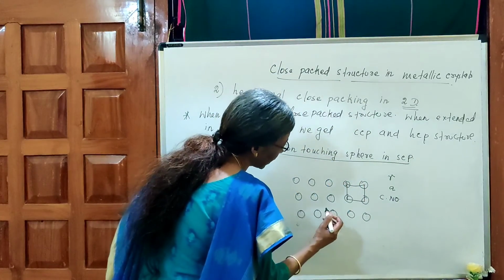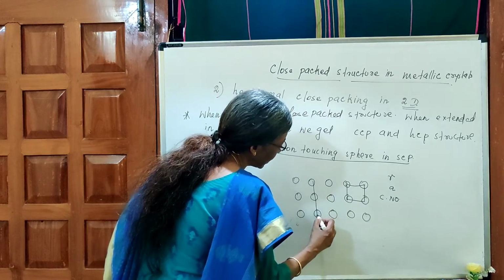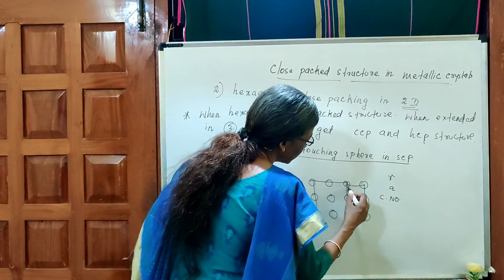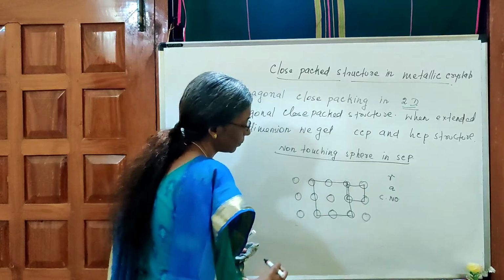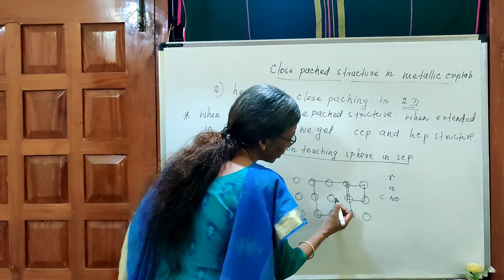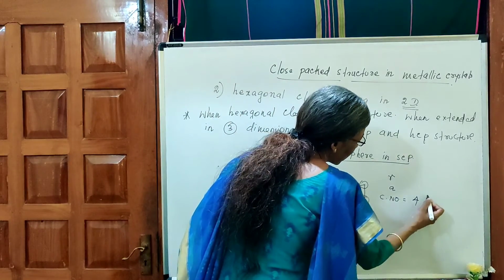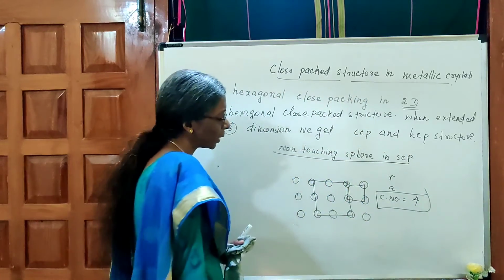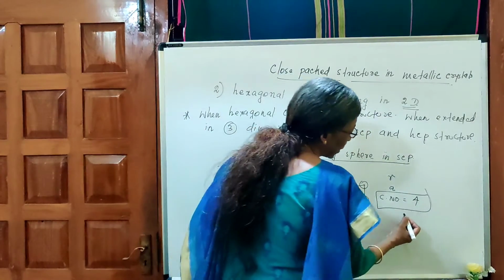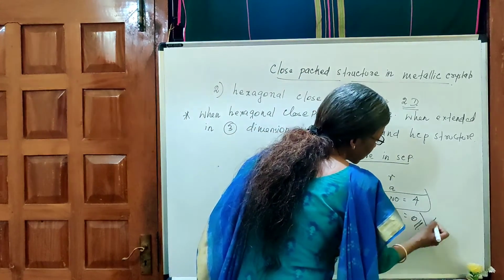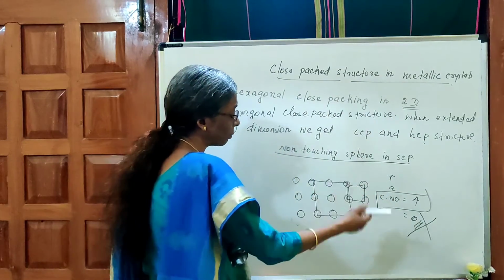For example, if you connect this one, 1, here 2, here 3, here 4, the coordination number is 4. Normally students say the coordination number is 0, but 0 is not the correct answer. The coordination number will be 4.